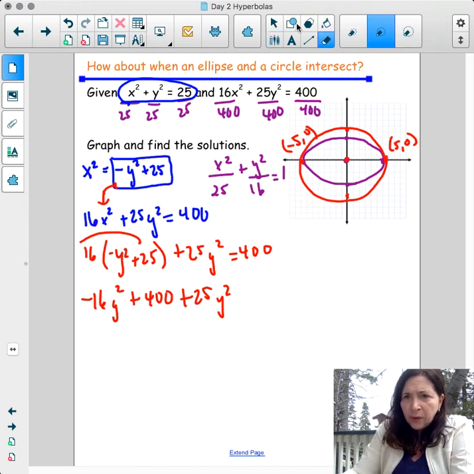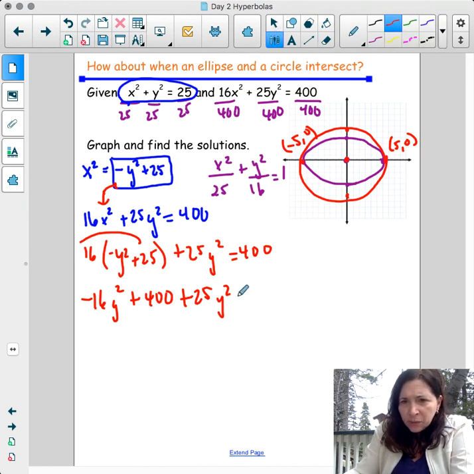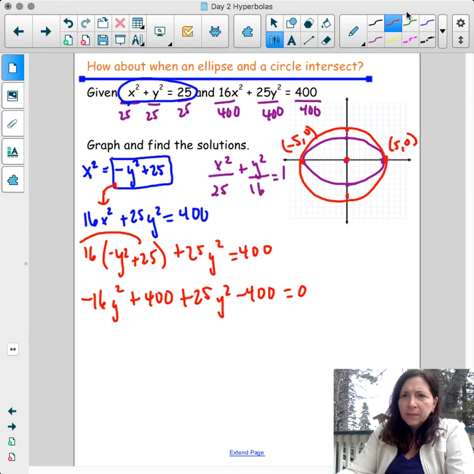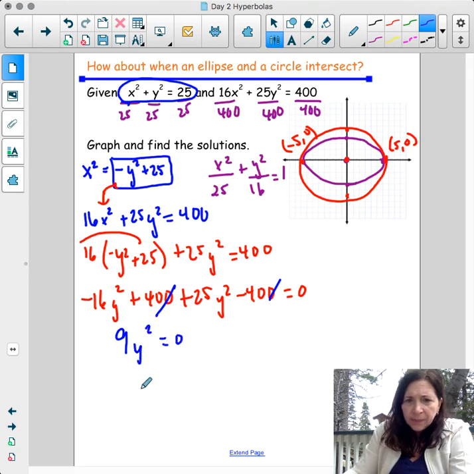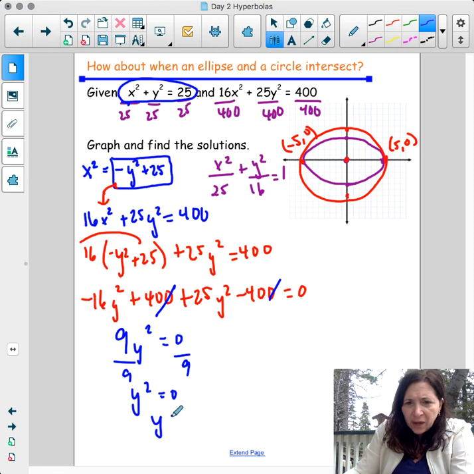The 400 on the right, I'm going to move that over. So minus 400, because it is quadratic, and I do need to set it equal to 0. Oh, my 400s are going to cancel. See that? And I'm going to get negative 16y squared plus 25y squared is what? 9y squared, and that equals 0. And if I divide both sides by 9, okay, I'm going to get y squared is equal to 0. But when I square root both sides, I get 0.